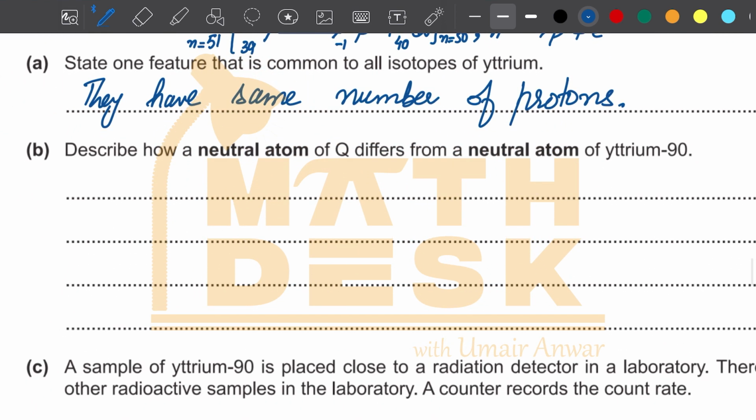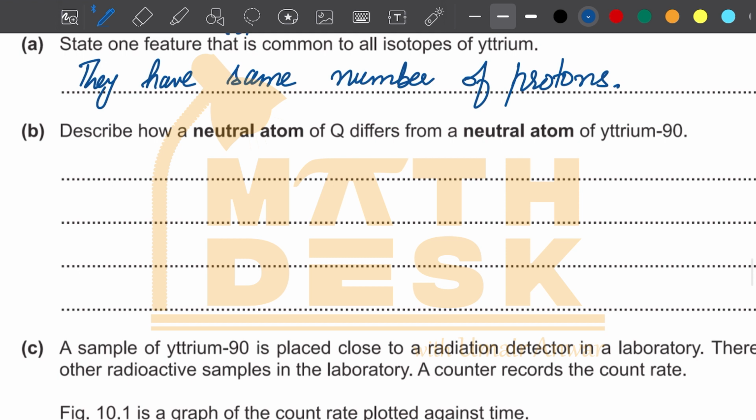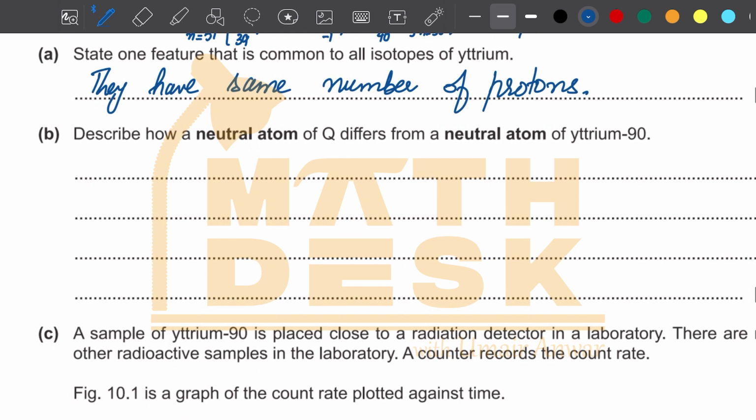So we have to describe how a neutral atom of Q differs from a neutral atom of yttrium-90.